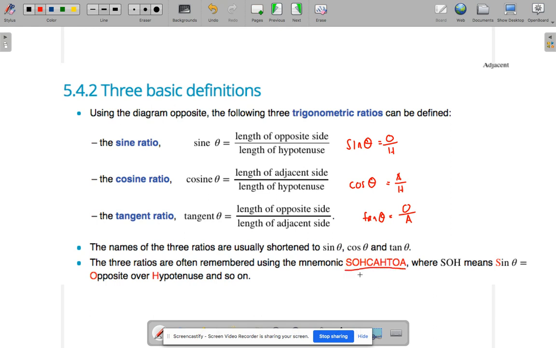If you remember that, it gives you the three ratios. Sine equals opposite over hypotenuse, cosine equals adjacent over hypotenuse, and tan equals opposite over adjacent. So by remembering that little rhyme, even though we will be provided with these ratios in a test situation, you can remember them.